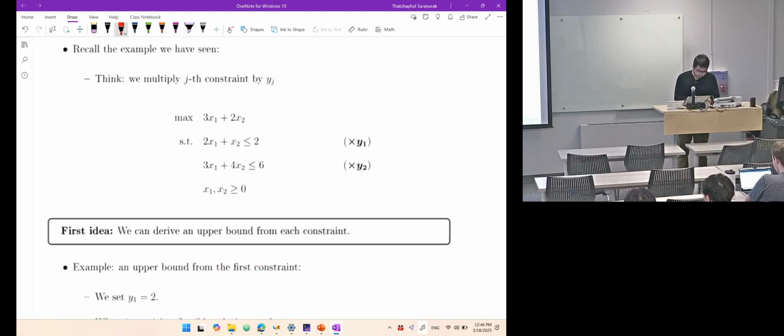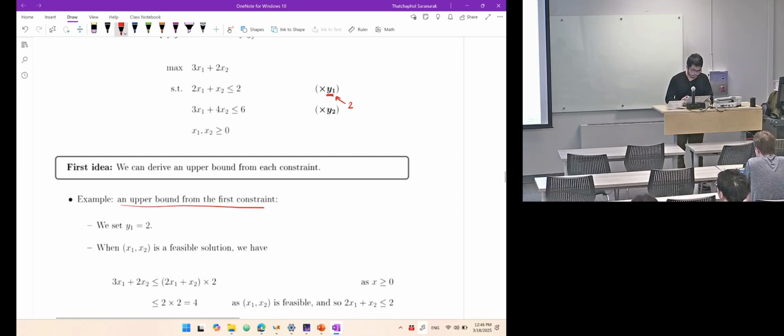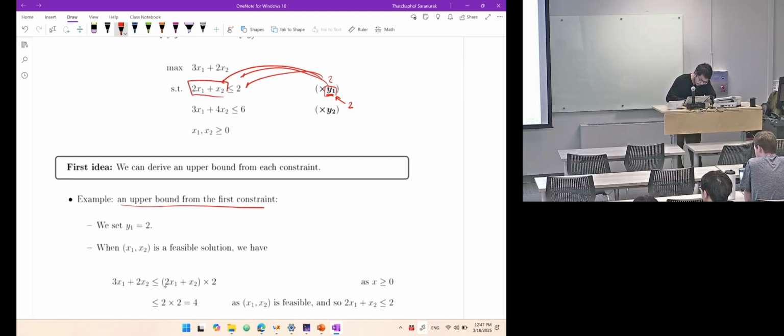Suppose I want an upper bound from the first constraint. So I set y1 to be 2 and multiply both sides by 2. Then what do I get? When I multiply y1 to this constraint, this thing is just this multiplied by y1.